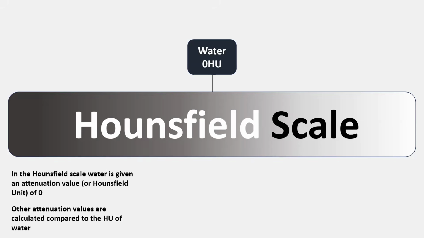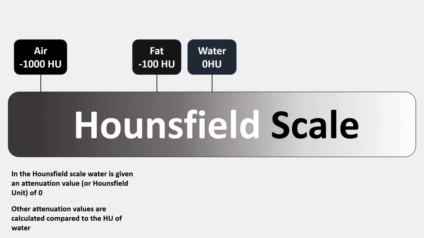And then we have structures that are hypodense compared to water, which have a lower attenuation value. A typical example is fat. Fat has an average Hounsfield unit of -100. And of course, air has a very low attenuation value because there's basically almost nothing present in air that can reflect or absorb your X-rays.